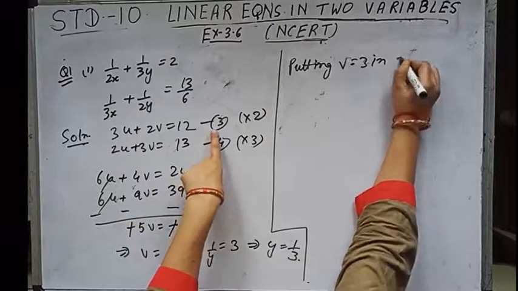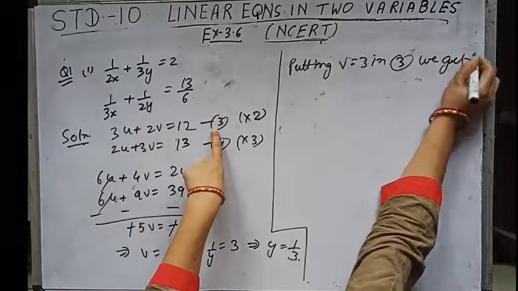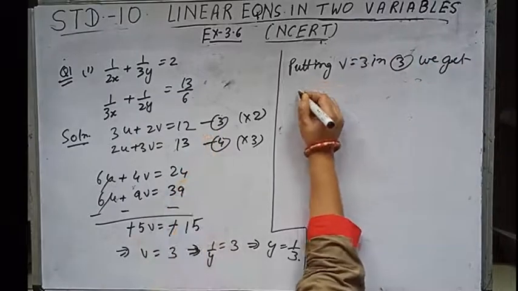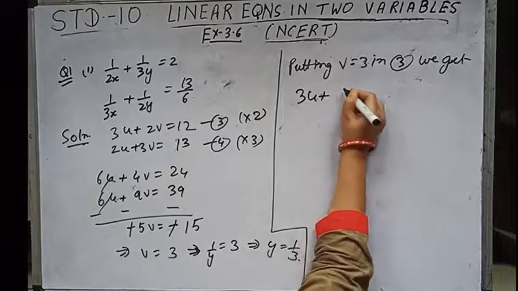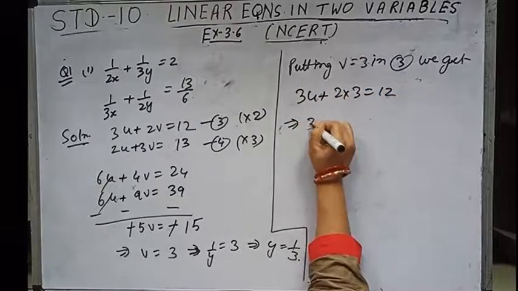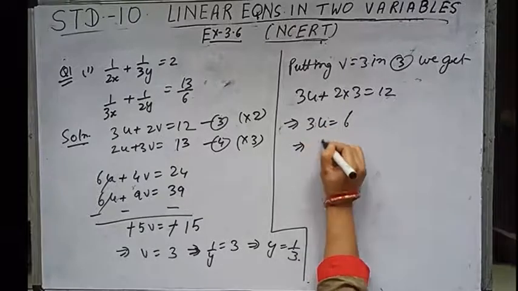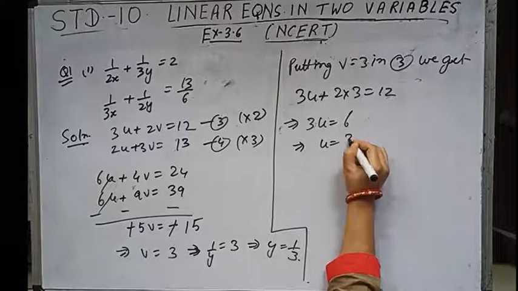Let us substitute in 3. We get 3u plus 2 into 3 equals to 12. This implies 3u equals to 12 minus 6, that is 6. This implies u equals to 6 by 3, that is 2.